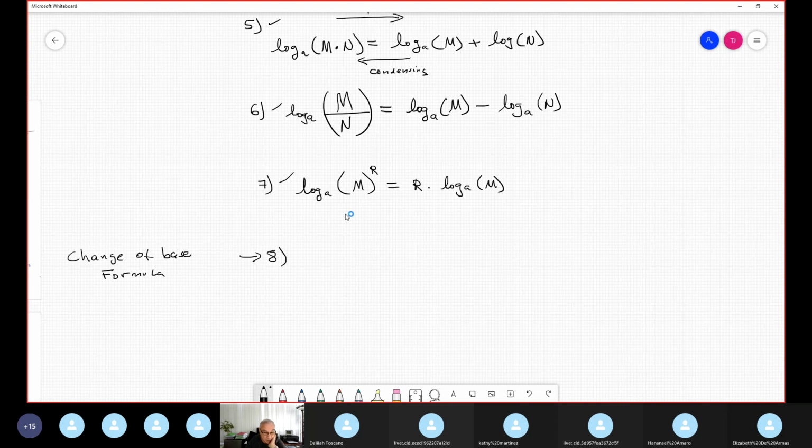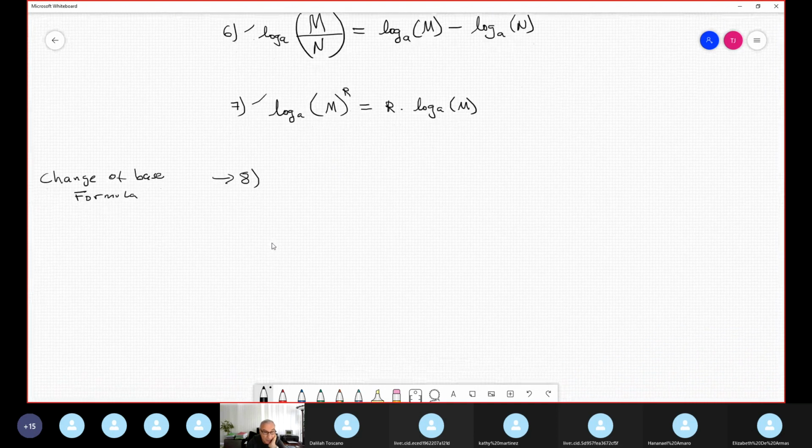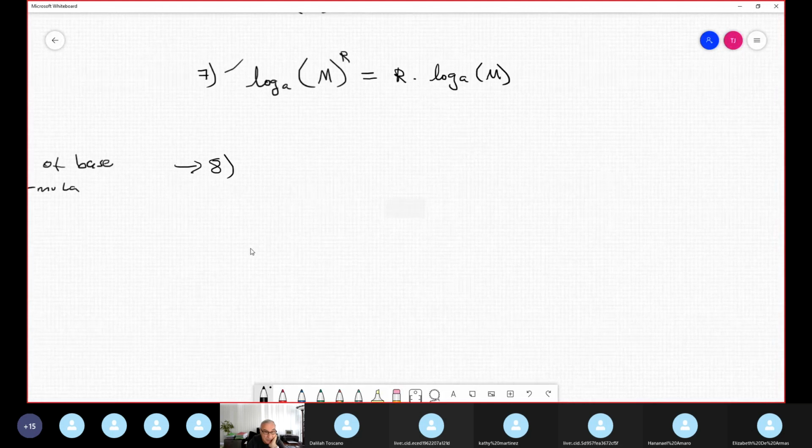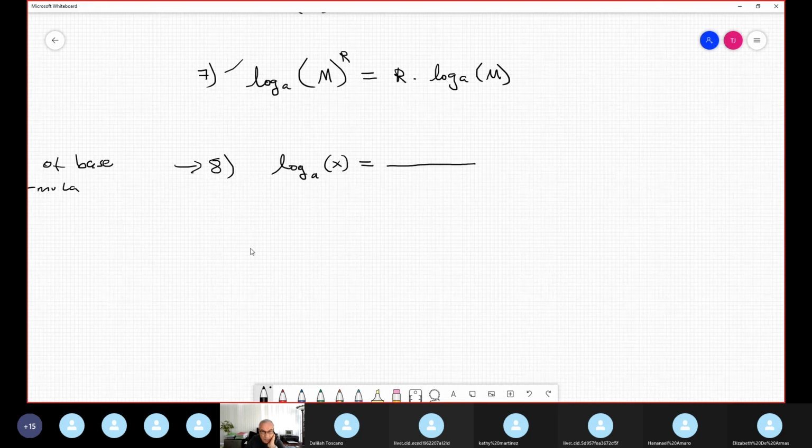Okay, so what is the formula? Well, the formula is, look. You have the logarithm of any base of one expression I want to call x, expression or number, is equal to the division of logarithms.